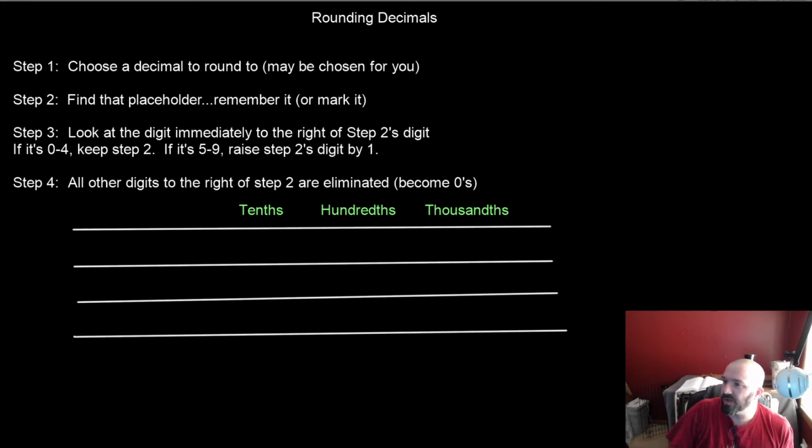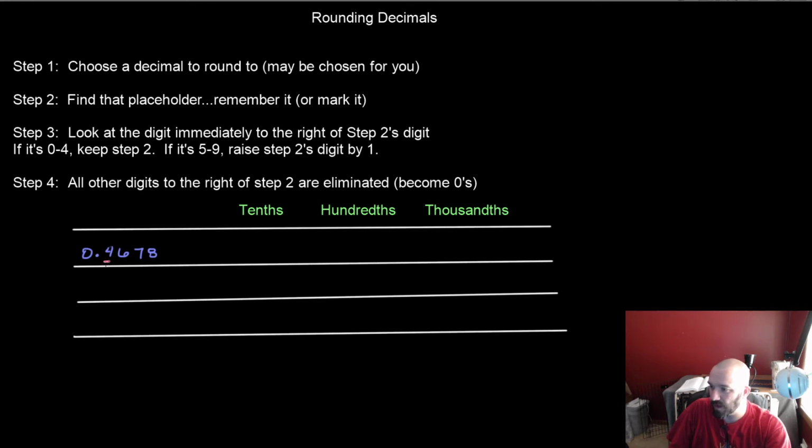All right, let's pick a number here. Let's pick an easy number, or an easier one. So 0.4678. Okay, so we want to round this to the tenths spot. What I would recommend is take a mental picture of what the tenths is, or mark it somehow.